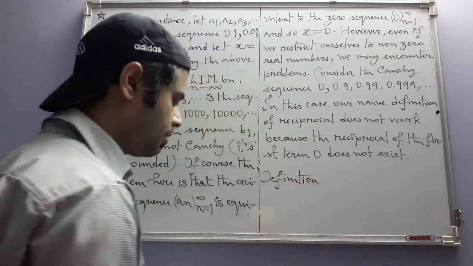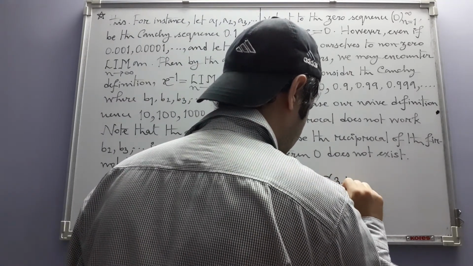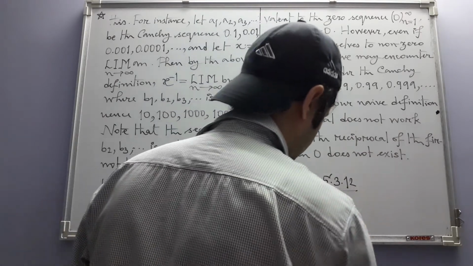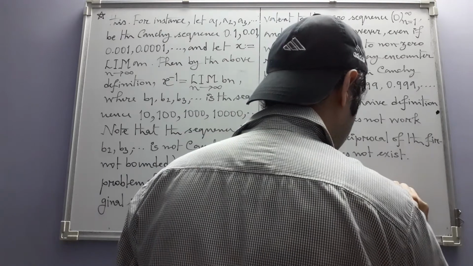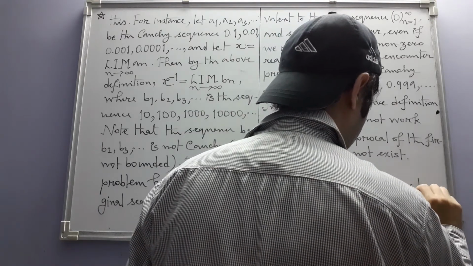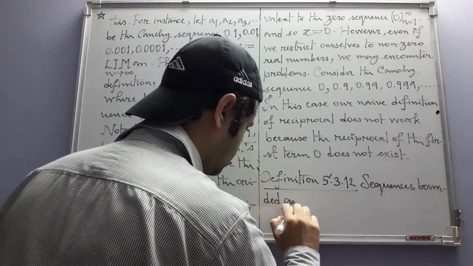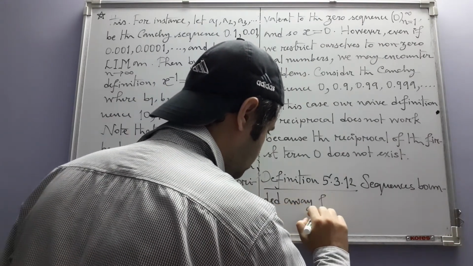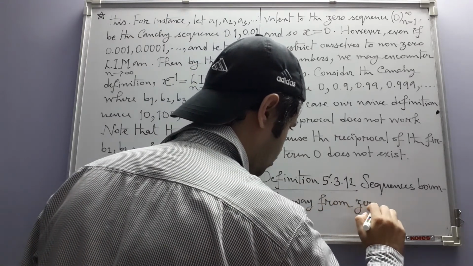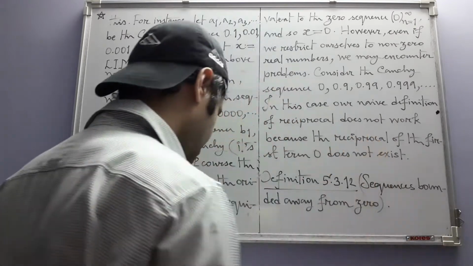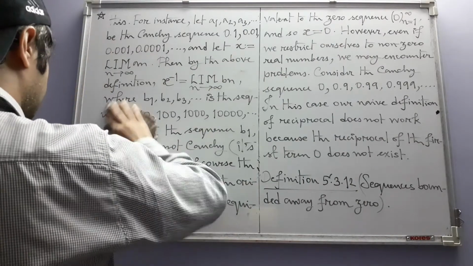This one is quite clever. It's called sequences bounded away from 0. And the definition goes like this. Let me write here.